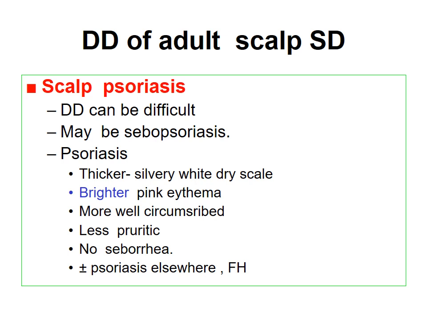But in psoriasis, usually the scales are thicker, silvery white, dry, with brighter pink erythema in the background, more or less well circumscribed, less pruritic, and no seborrhea. And you can look for a typical psoriatic lesion elsewhere, with family history also. These are more or less differentiating points.